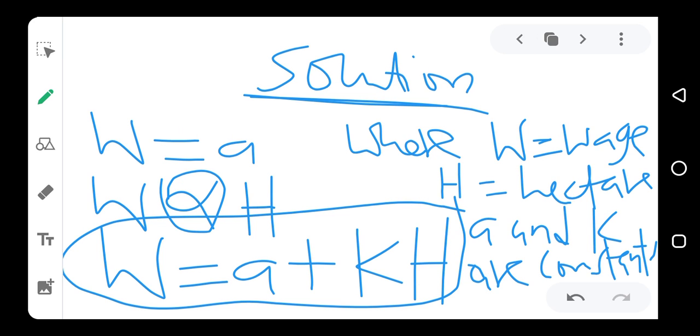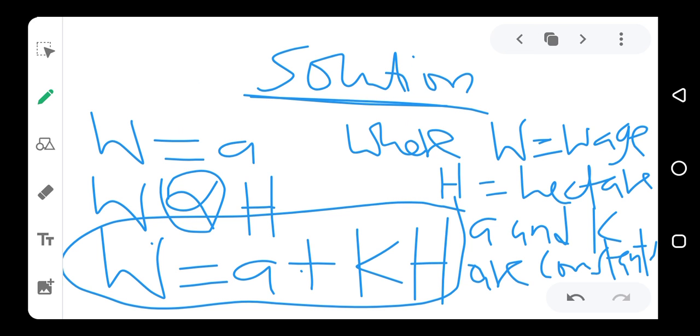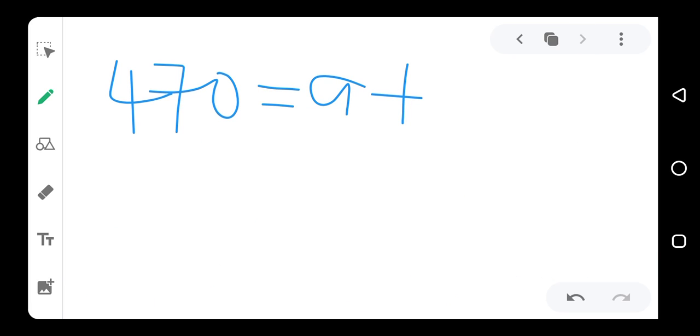So we now say when wage is 470 naira, following this relationship, W equal to wage, A, we don't know A, plus K, we don't know K, and when wage is equal to 470, the hectare cleared is 16 hectares.